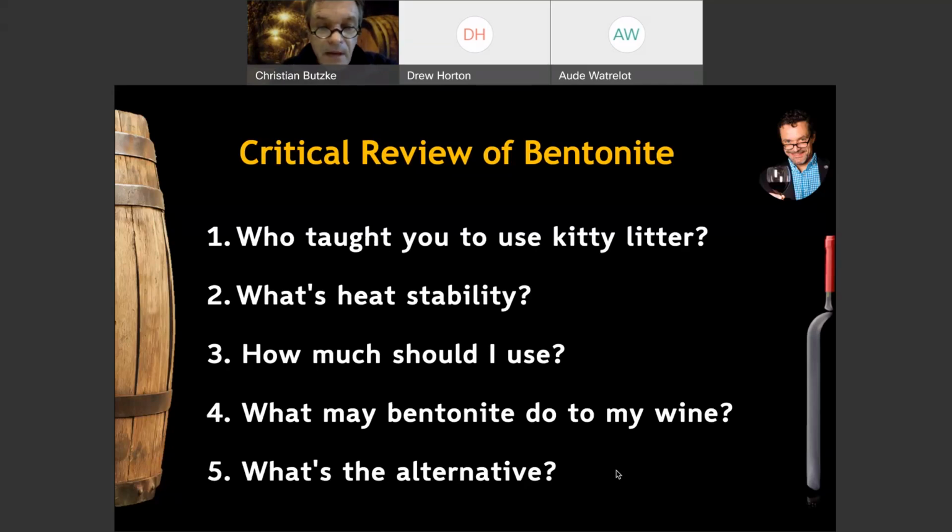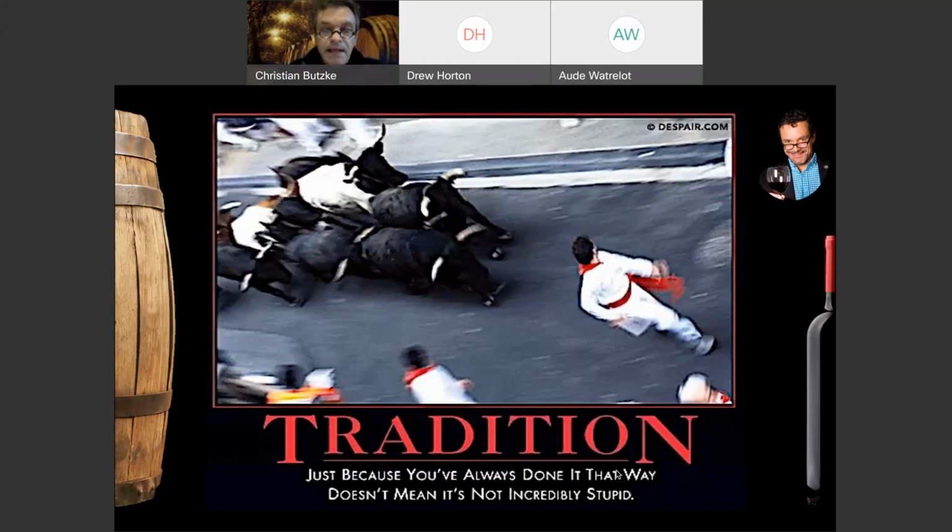But again, I will make some political comments as we go along the way. And here's the slide I like to show in some of my classes when it comes to different fining methods, different winemaking practices.